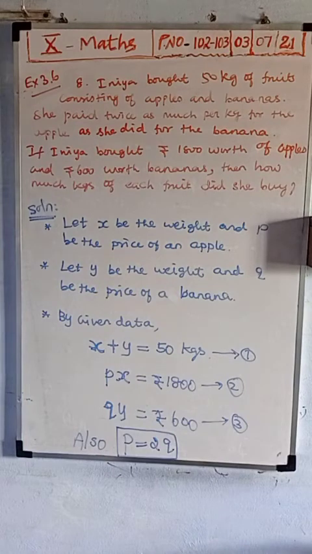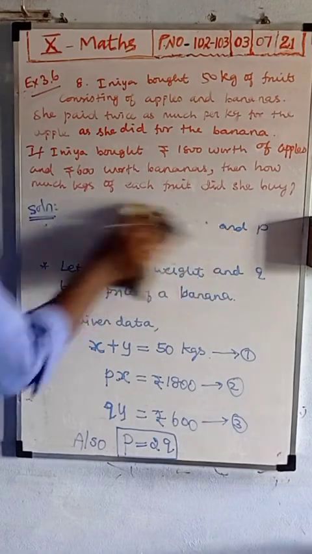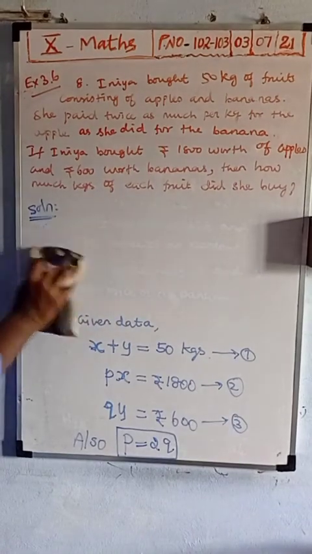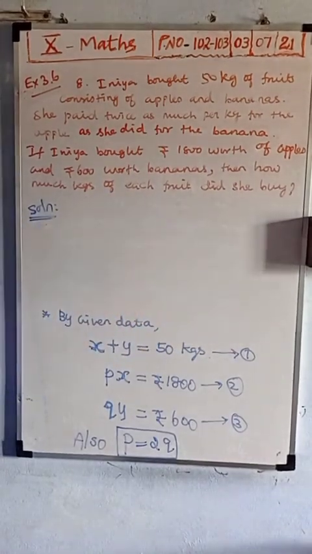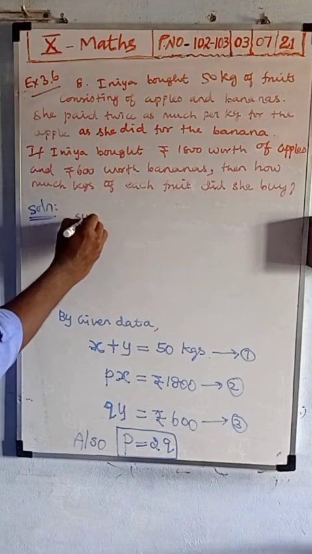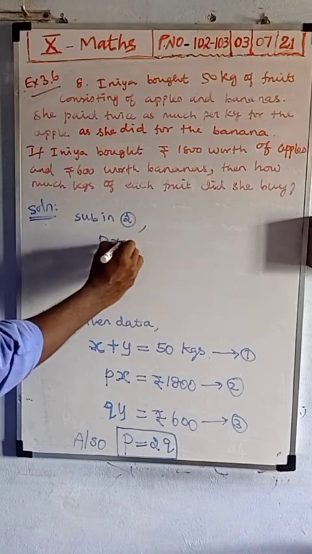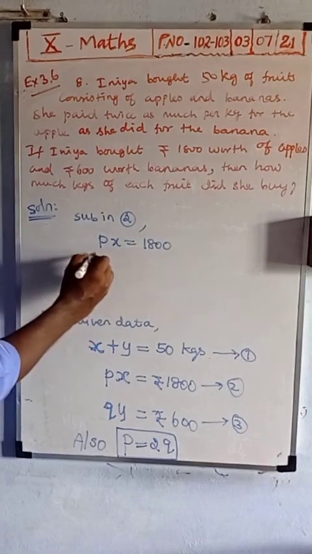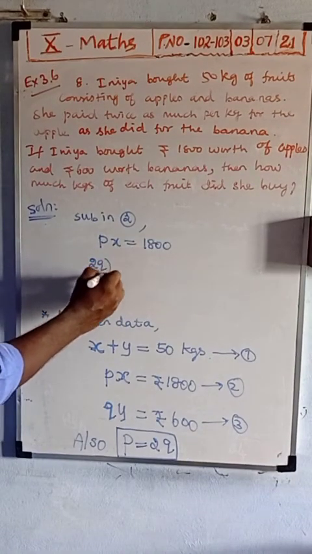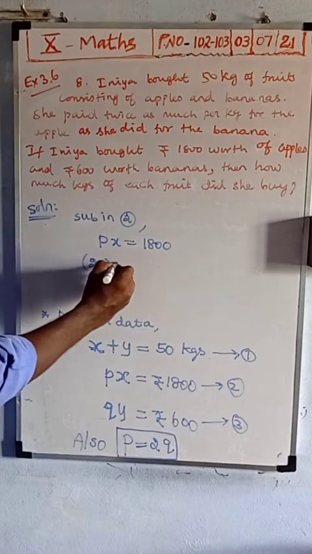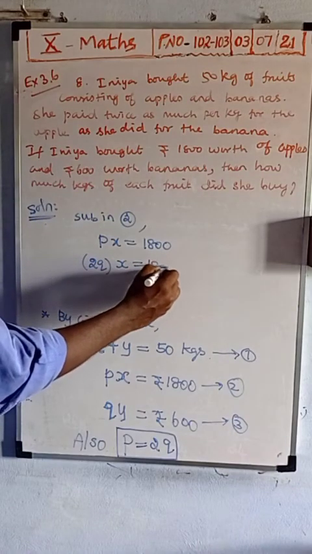Now this p is equal to 2q, substitute in equation 2. Equation 2 is px is equal to 1800. So instead of p, 2q. So 2qx is equal to 1800.